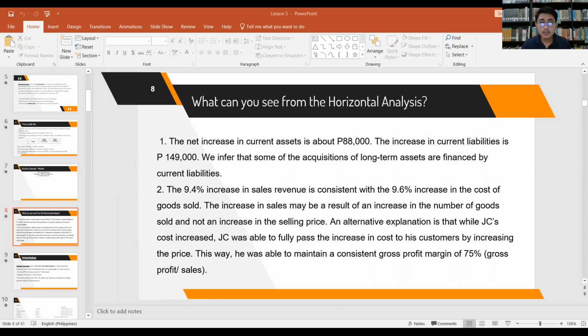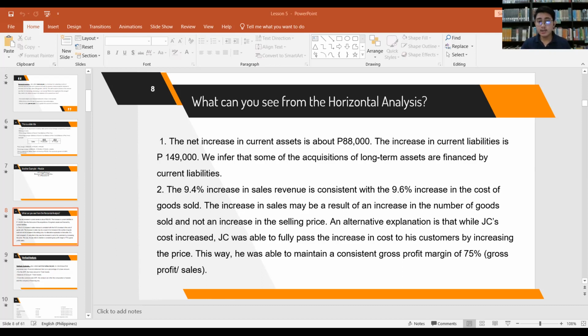So let's see kung totoo ba, 88%. So dito, number 2, 9.4% increase in sales revenue consistent with 9.6% increase in the cost of goods sold. Ito ang dalawa po. Okay, ito nakikita nyo.